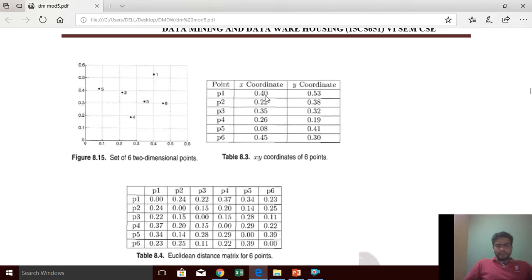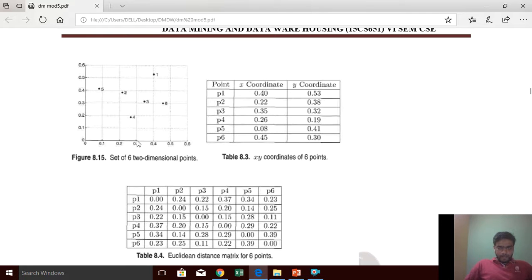Point p1 has values 0.4 and 0.53, somewhere over here. Then p2 is 0.22 and 0.38, somewhere over here.